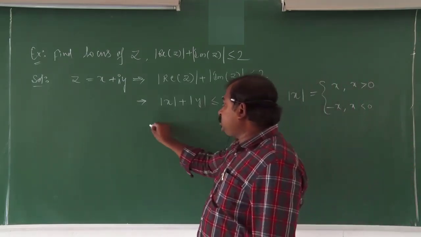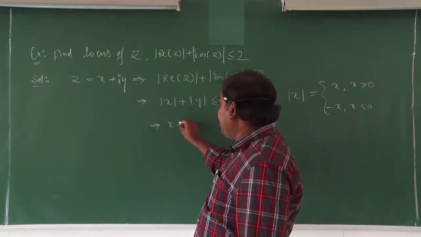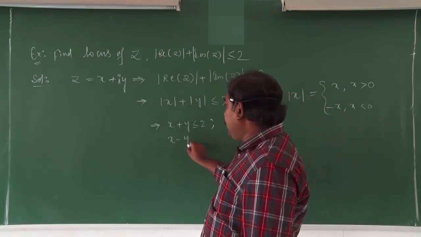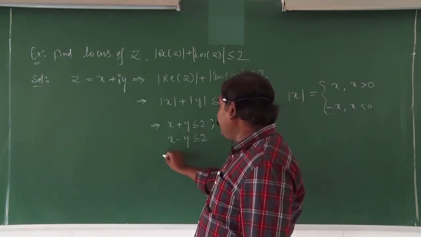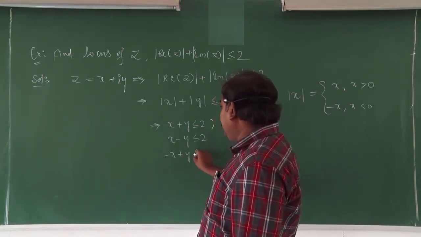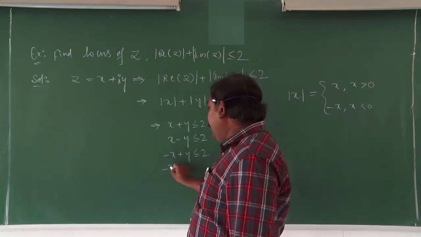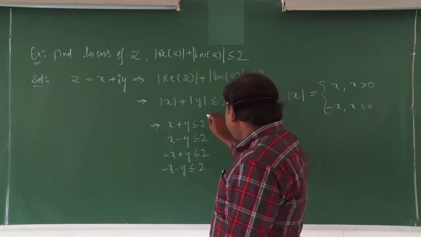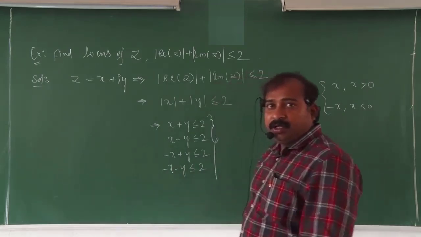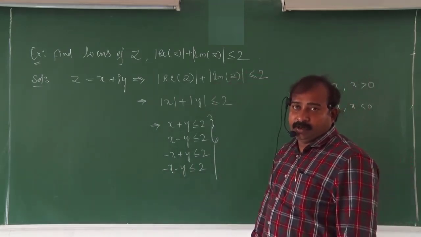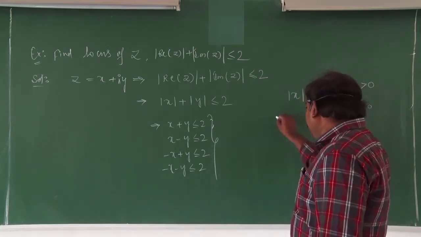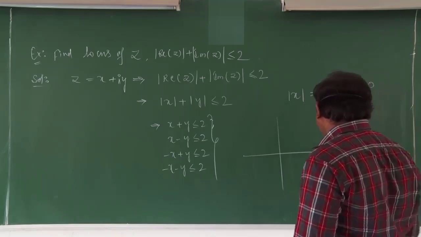So if you expand this, you can get the equations x plus y less than or equal to 2, x minus y less than or equal to 2, minus x plus y less than or equal to 2, and minus x minus y less than or equal to 2. Now construct the lines on the argand plane.